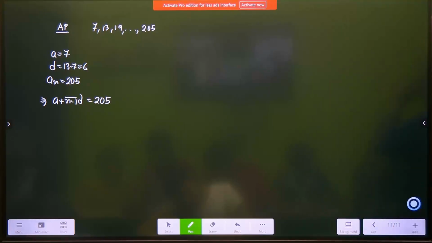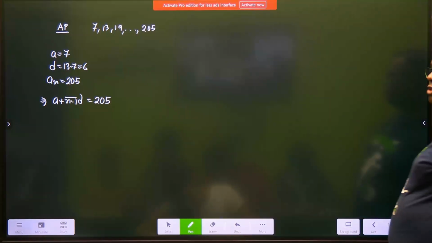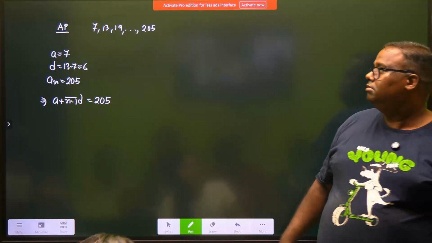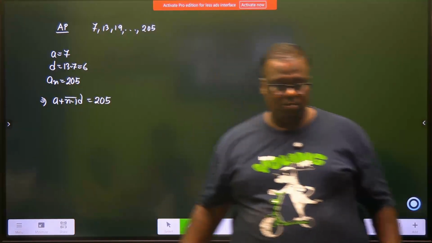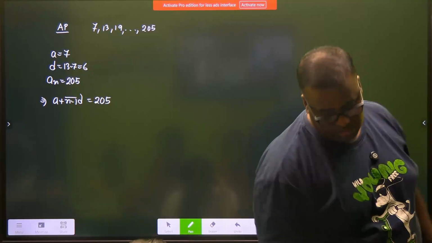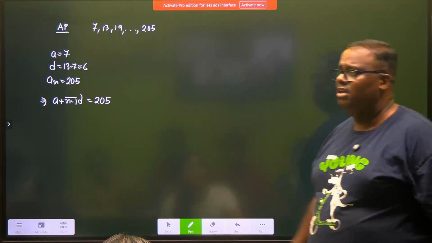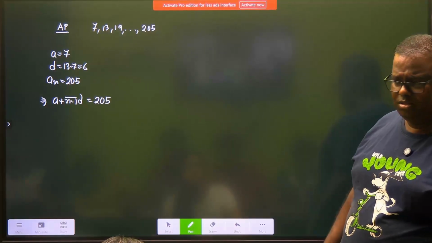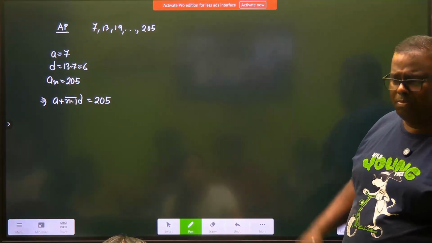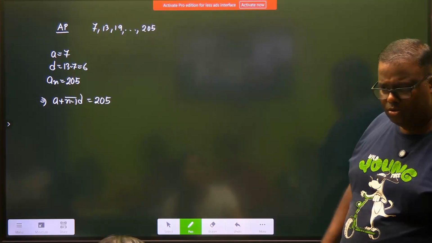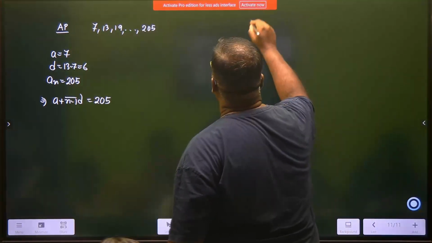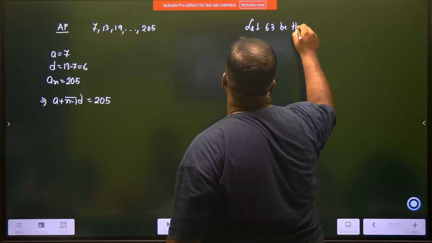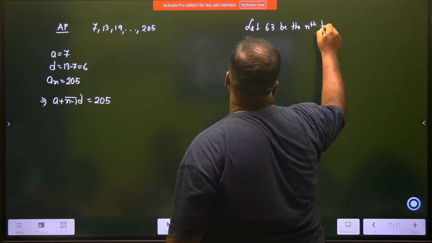Right. Another type of problem that we can expect here is, listen: is 63 a member of this AP? I don't know. So I will say let 63 be the nth term.